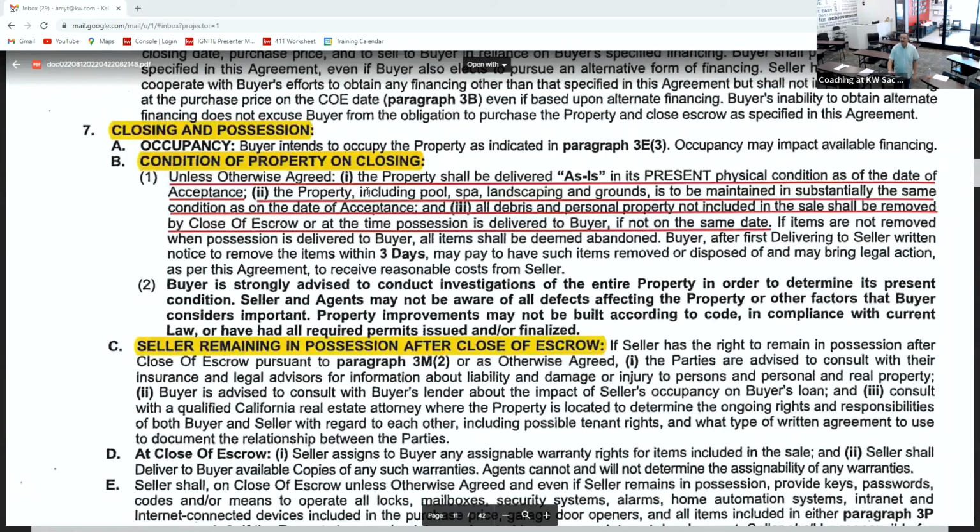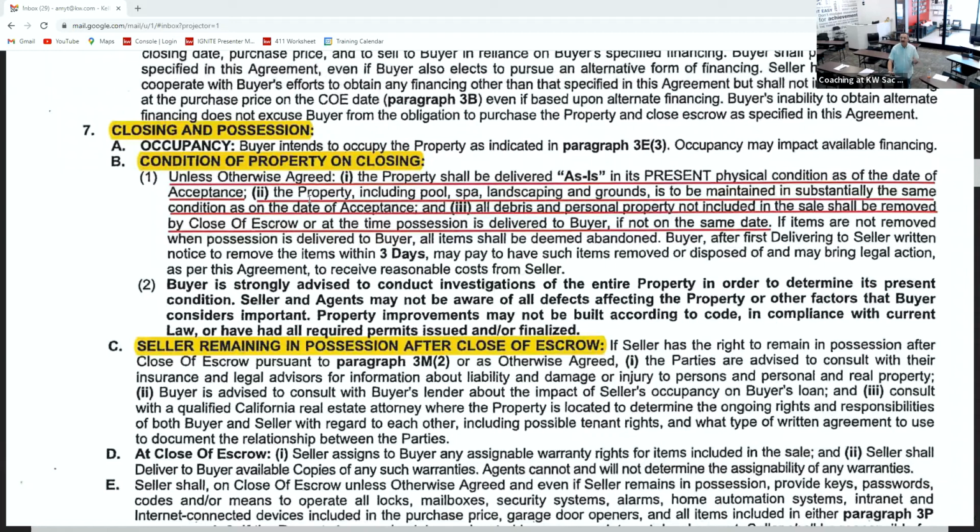The important thing here is the property is going to be delivered as is, in its present condition as of the date of acceptance. The only exception is if the seller has agreed to do repairs, those have to be done prior to the close of escrow unless there's some other agreement.